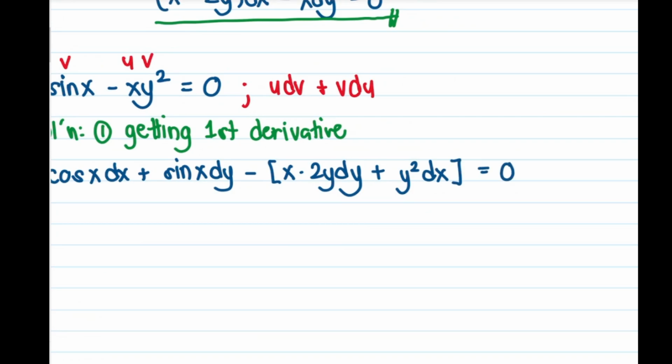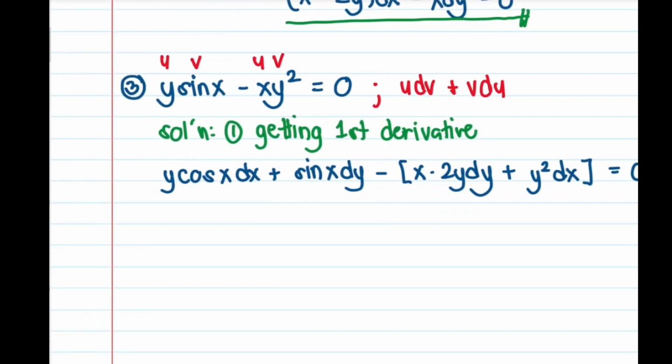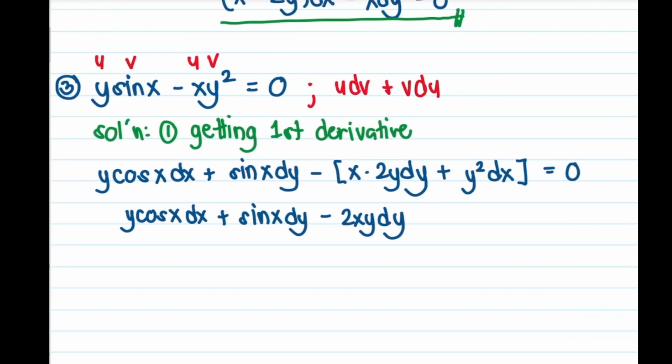equivalent to 0. Okay, so let's multiply negative to the inside. So that one will be y cosine x dx plus sine x dy minus 2xy dy minus y squared dx equal to 0.